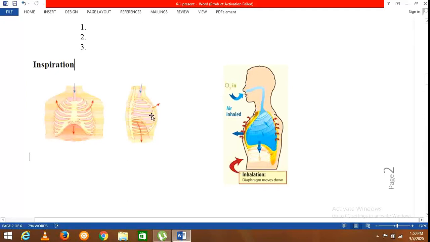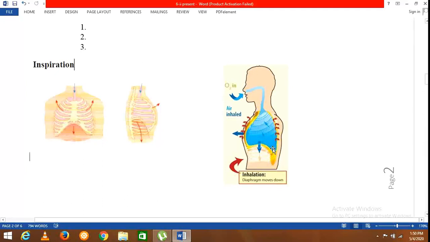Another change occurs in order to increase the volume of the thoracic cavity, that is the contraction of the muscles of the diaphragm. The normal structure of the diaphragm is that it is much more curved. Here it is shown.